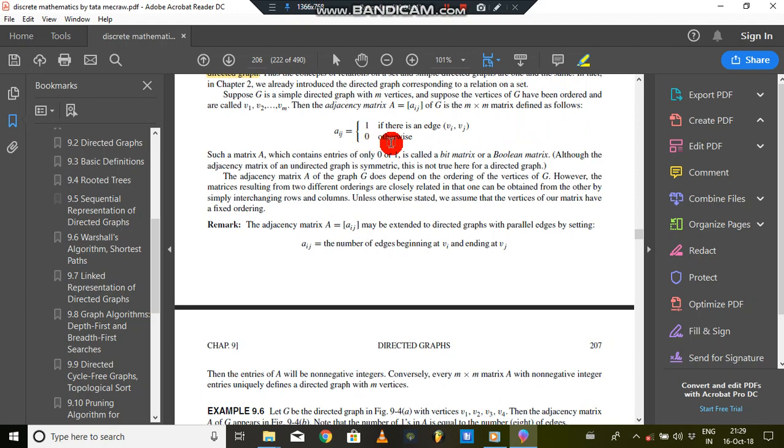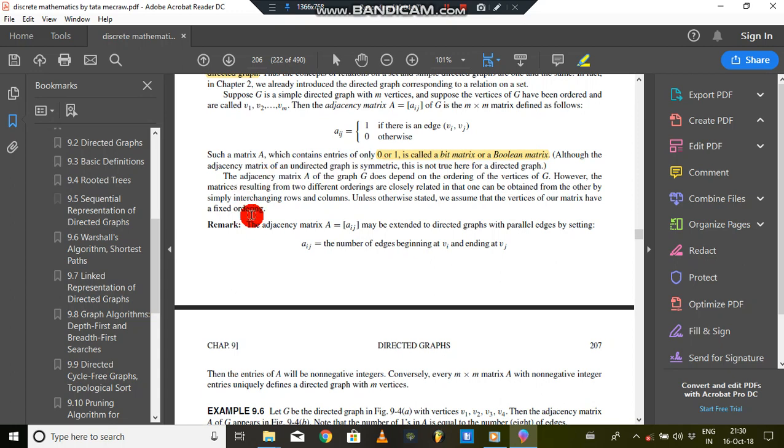And 0 means nothing. So 0 or 1 is called a bit matrix or boolean matrix.